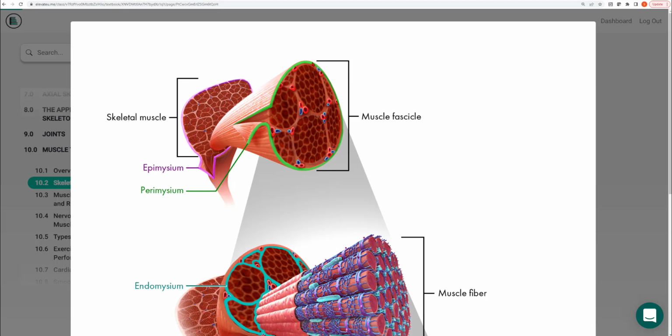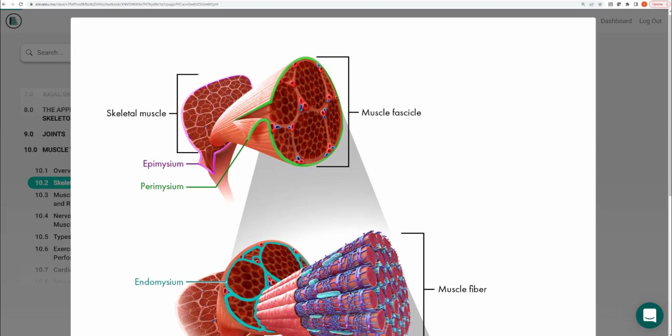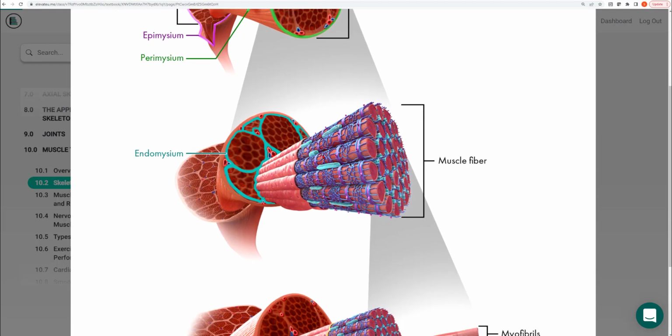That means that each of these structures inside the fascicle is itself a muscle cell. So we're zooming in. This is the entire muscle here. Here is just a fascicle pulling out. So this image is the same as this image.